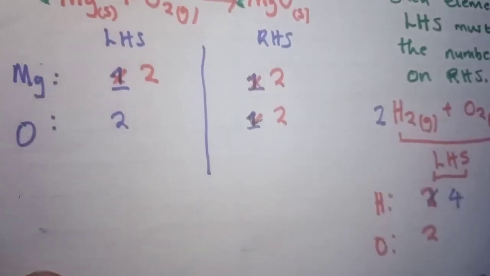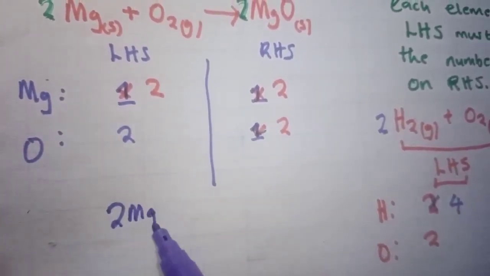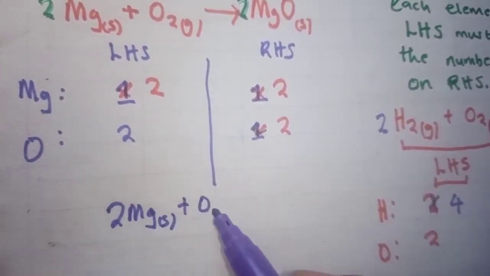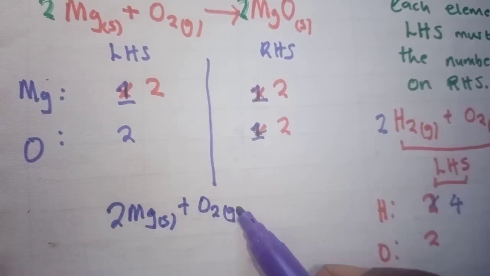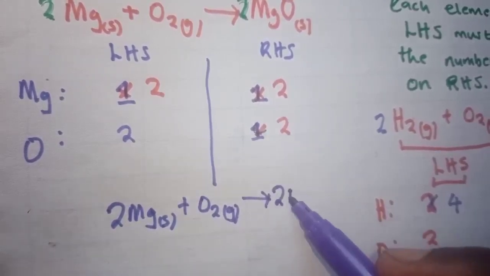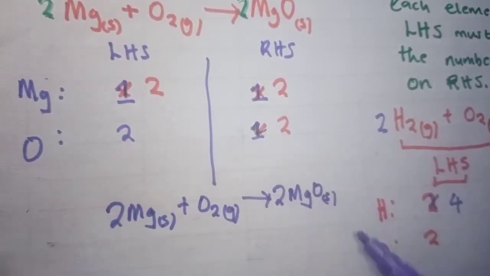So the balanced chemical equation is 2 atoms of magnesium plus 1 molecule of oxygen gives us 2 magnesium oxide.